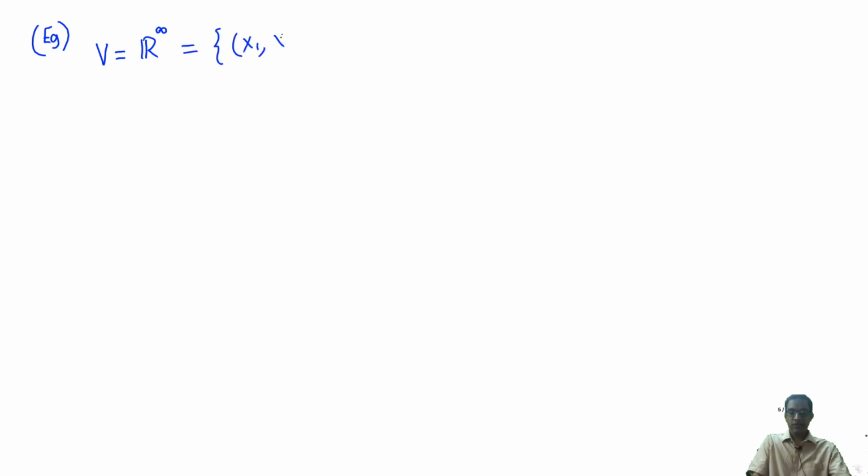The elements are just infinite sequences of real numbers, x1, x2, x3, dot dot dot, with xi ranging over R. It's an infinite dimensional vector space, like an infinite dimensional analog of the finite dimensional vector spaces Rn. I think of this as a vector space over the real numbers.